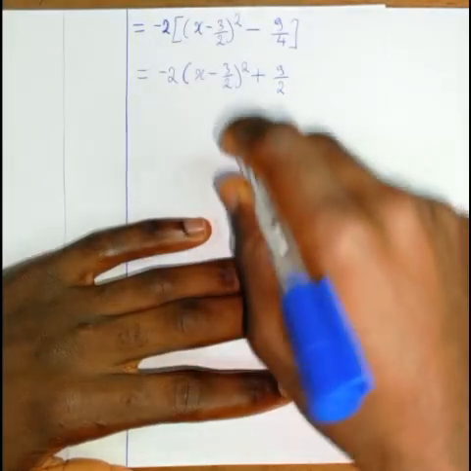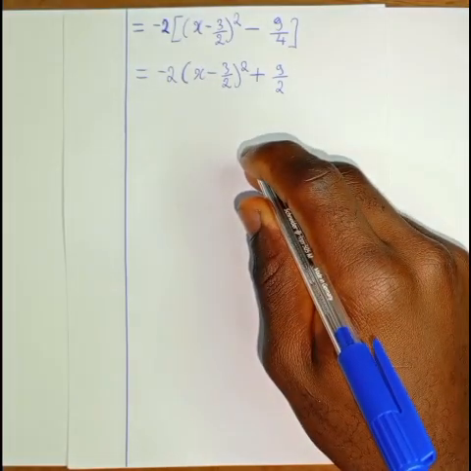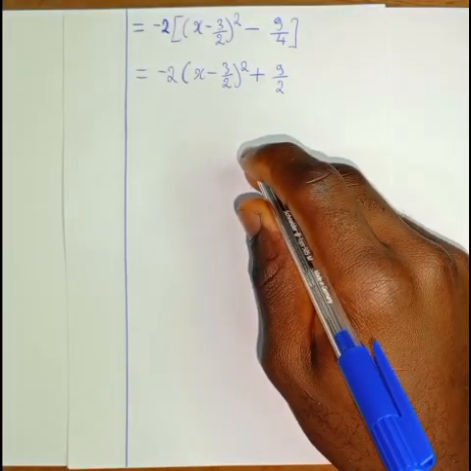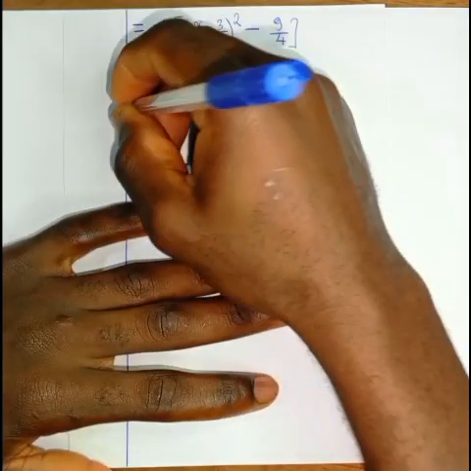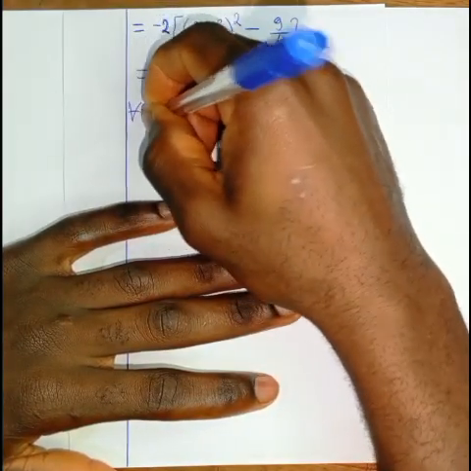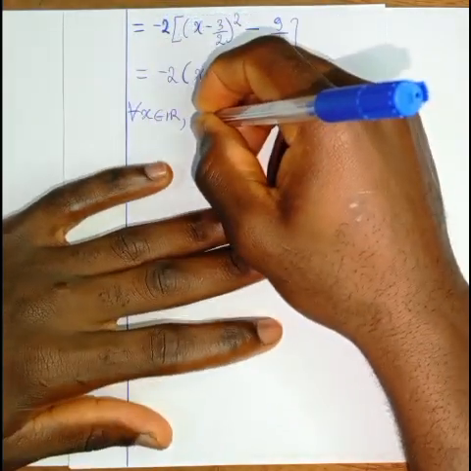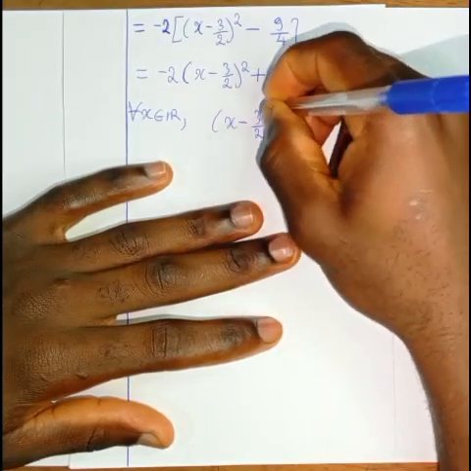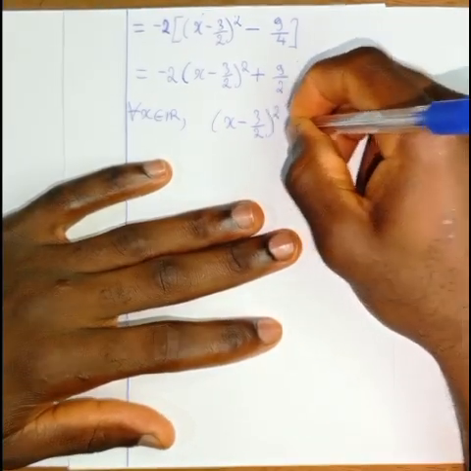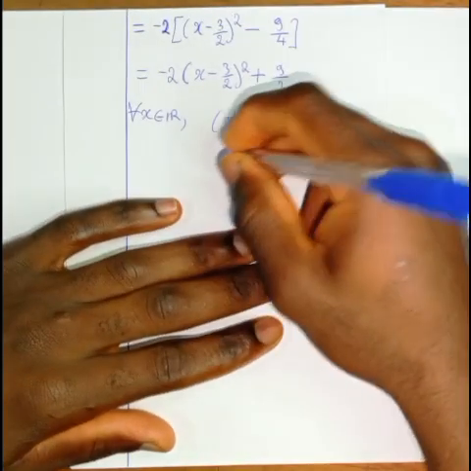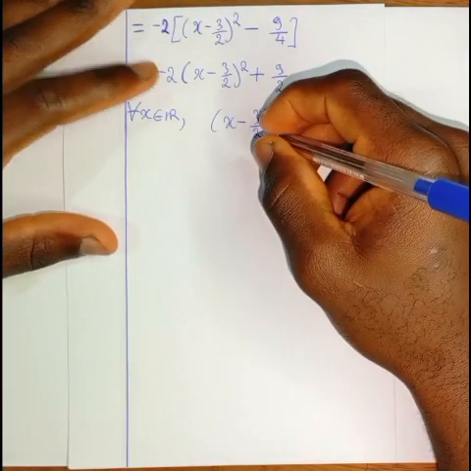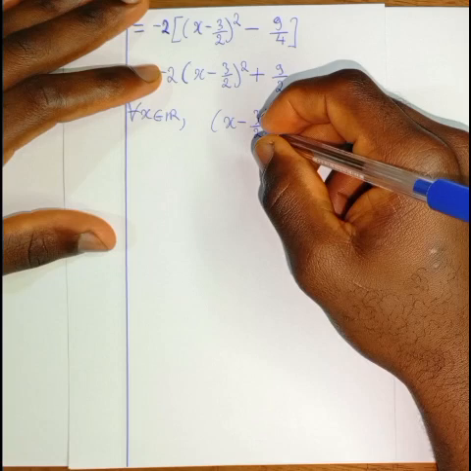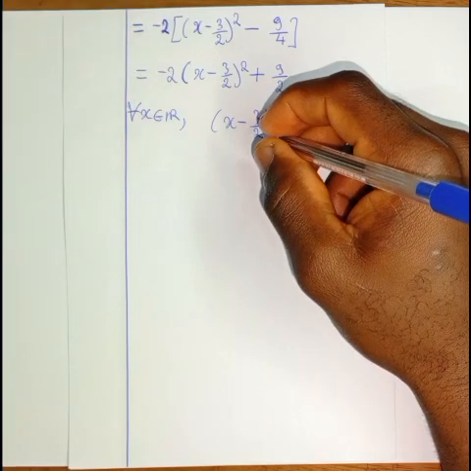Now at this level, we know that for every x we take from the set of real numbers, (x minus 3 over 2) all squared will be greater than or equal to 0. Now we are going to multiply both sides by negative 2.